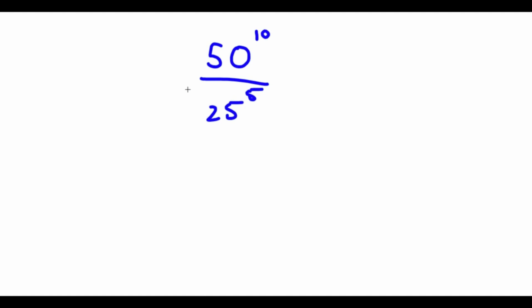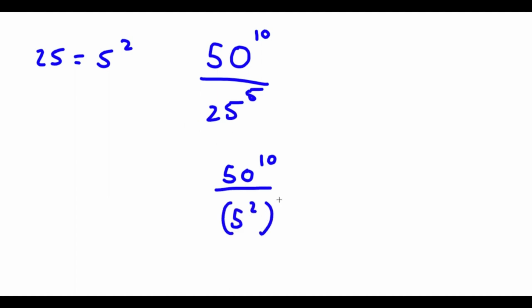So I have 50 to the power of 10 over 25 to the power of 5. Now first off, 25 here is the same thing as 5 squared. So now I have 50 to the power of 10 over, if I replace 25 with 5 squared, 5 squared to the power of 5.